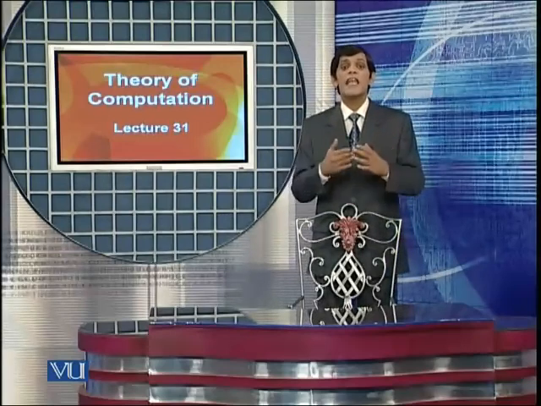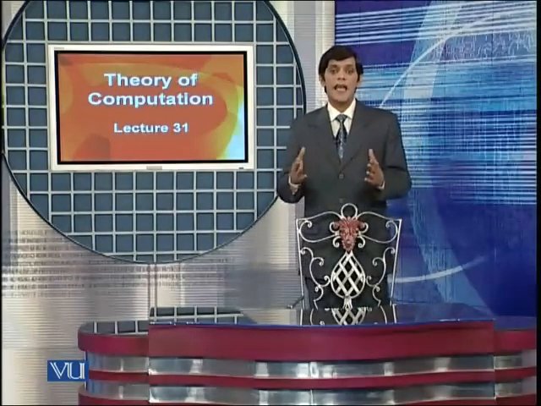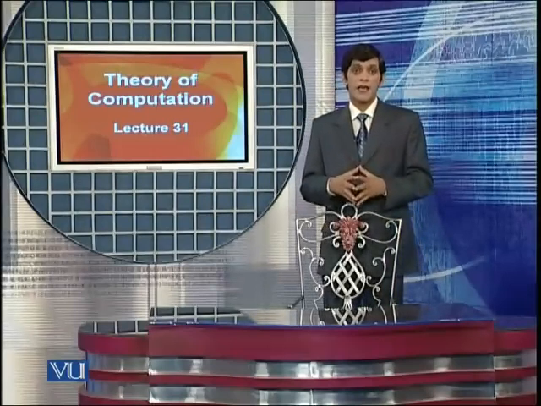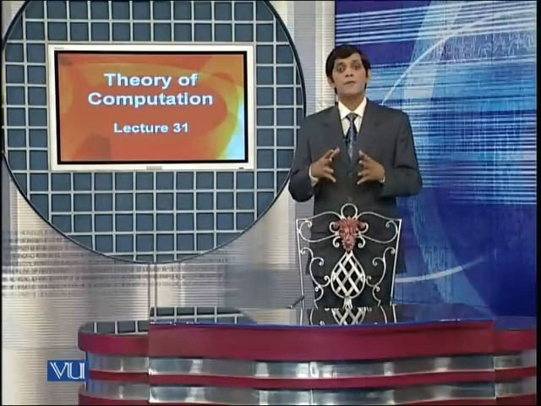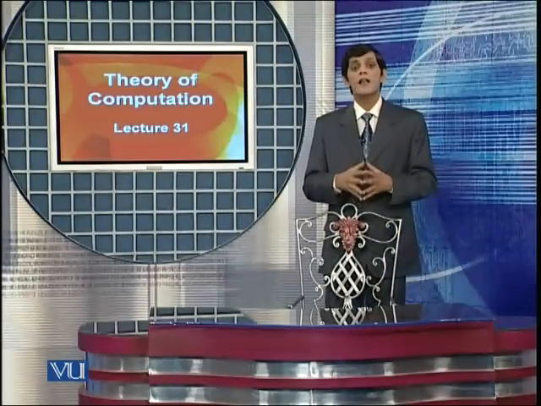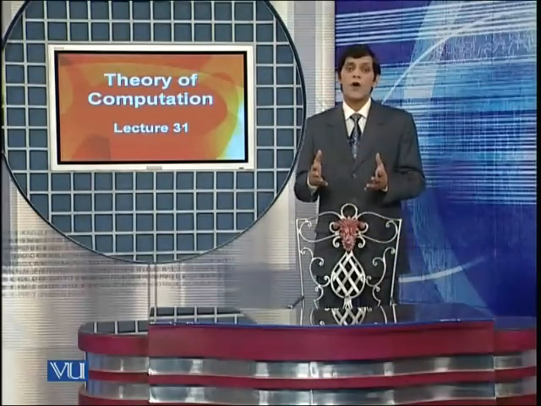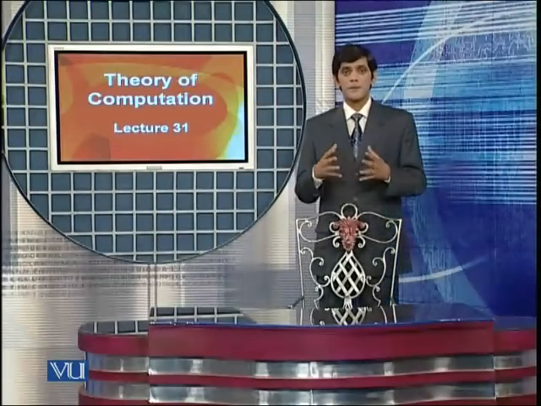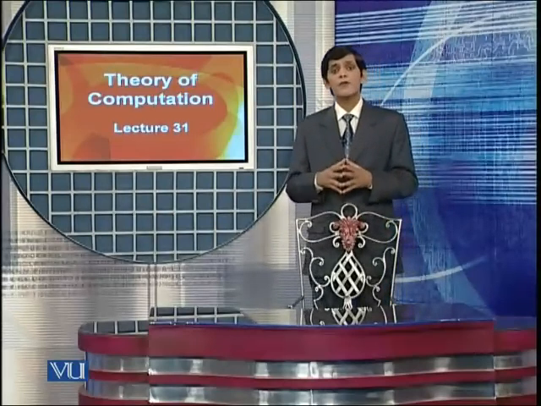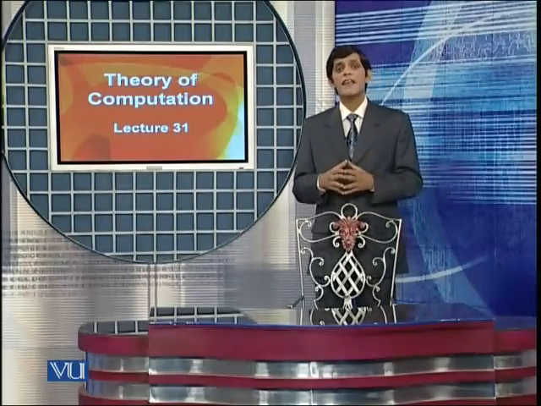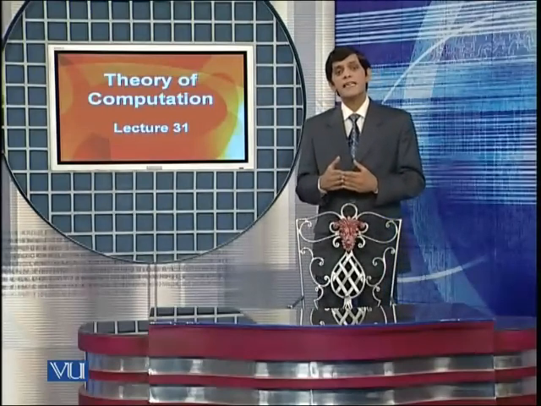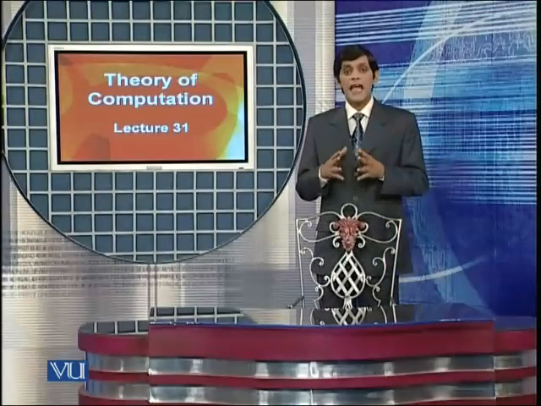You will not see any edges going between any two vertices in that set. So given a graph, being able to tell whether it has an independent set of size k or not is also NP-complete.